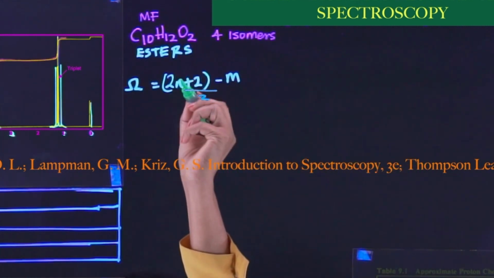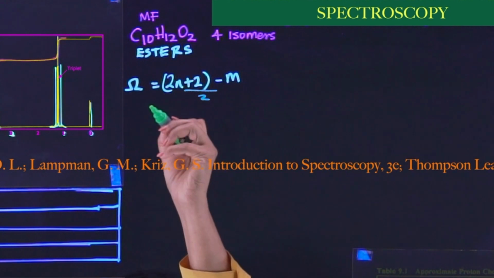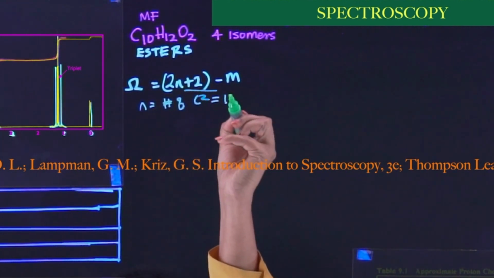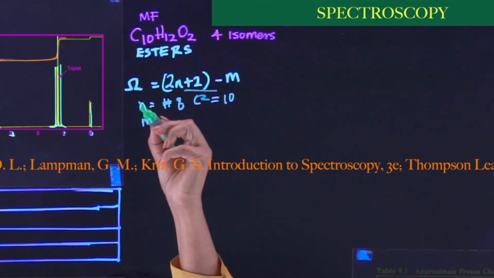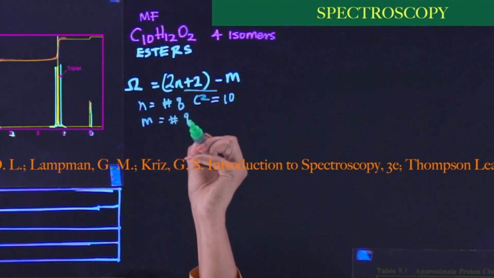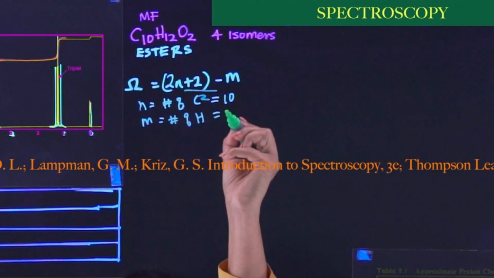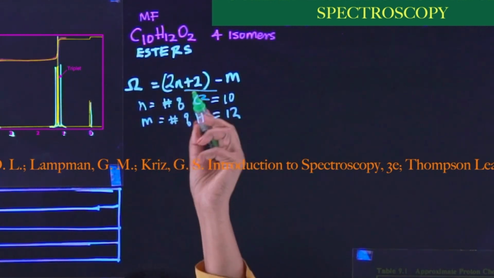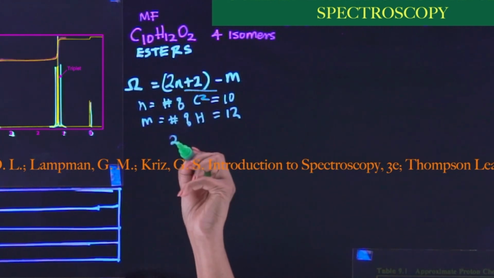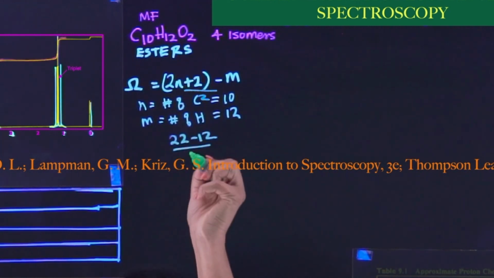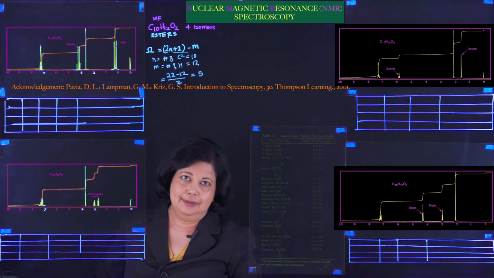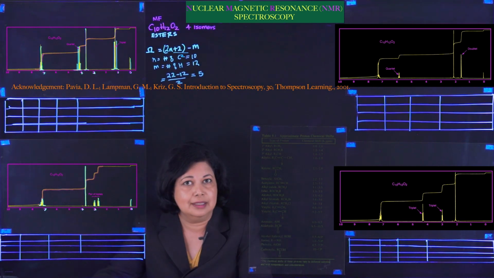So n, the number of carbons, in this case is 10, and m, the number of hydrogens, in this case is 12. So that's 22 minus 12 over 2, and that is going to be 5. Okay, so that's a lot.